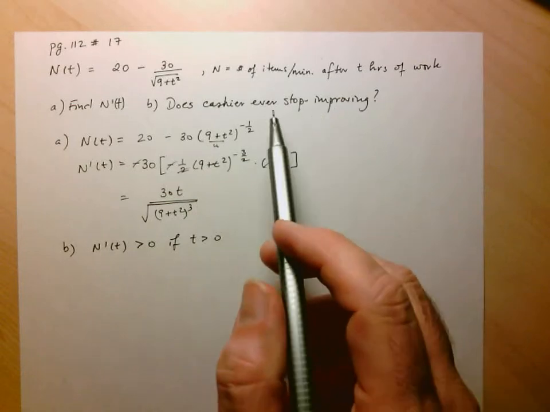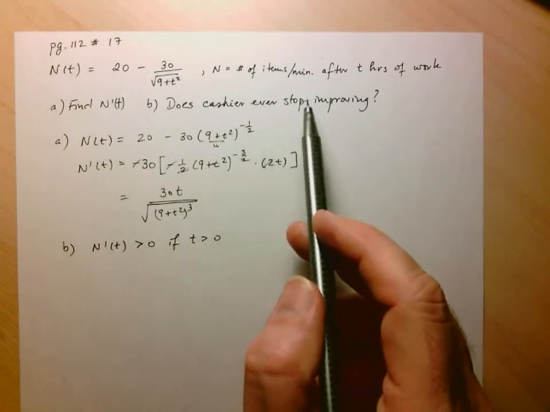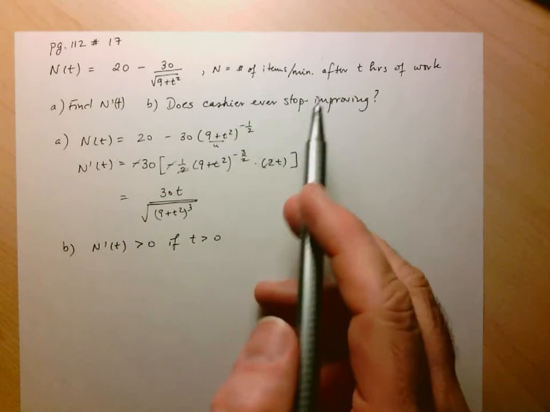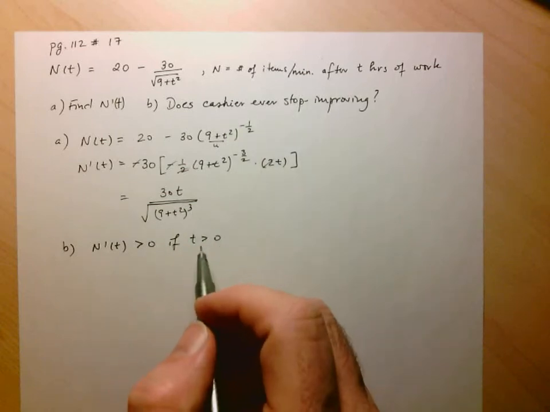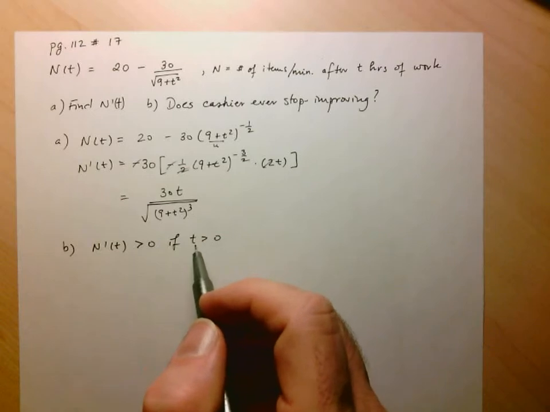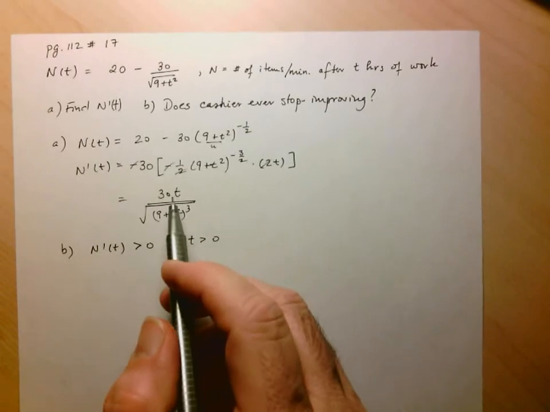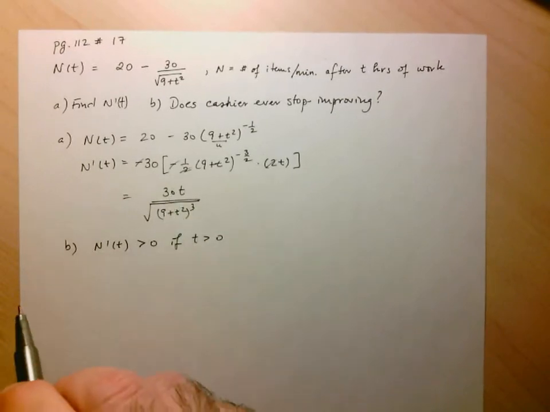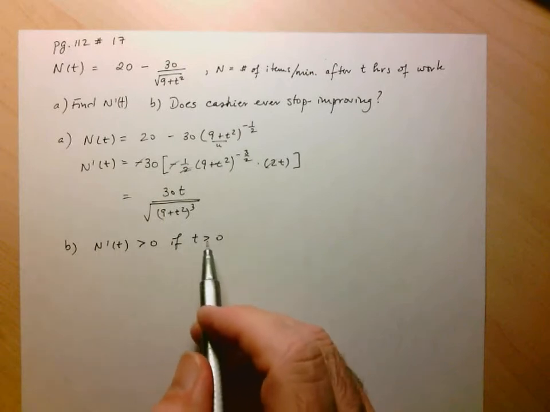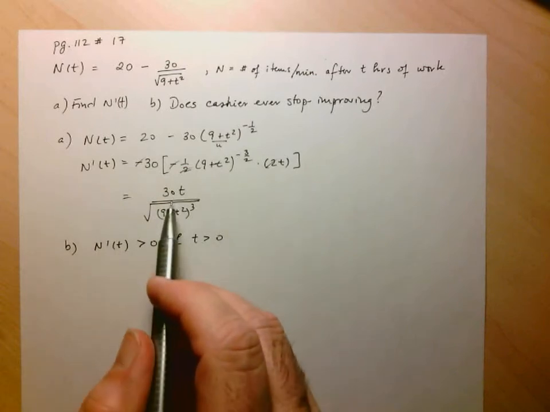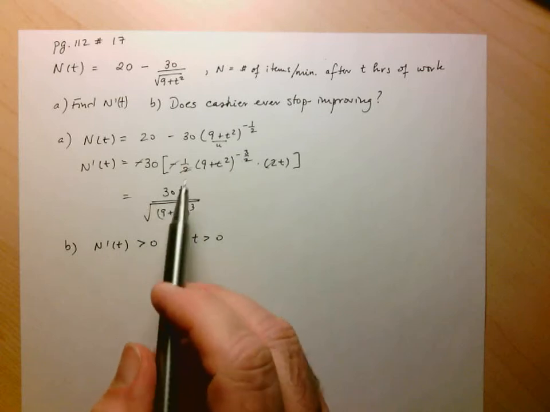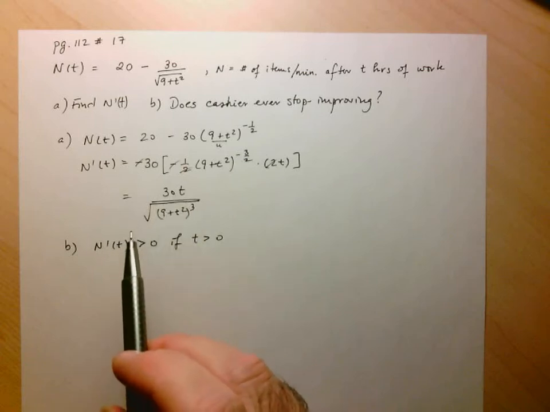You should be thinking over time, in the long run, sort of the end behavior. As t gets larger and larger, I'm not even necessarily interested in t equals 0, and I'm certainly not interested in any negative time values. I'm only really interested in time values greater than 0, and I see that the derivative is always going to be greater than 0 because the denominator is positive, and I'm multiplying 30 by some positive number.